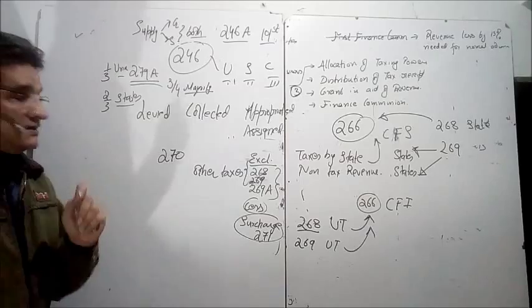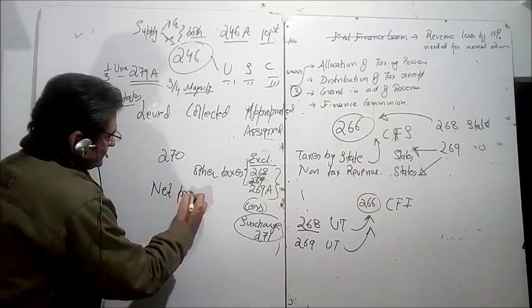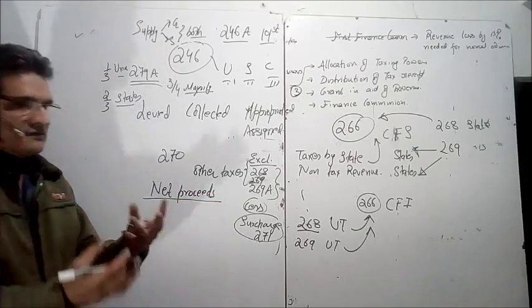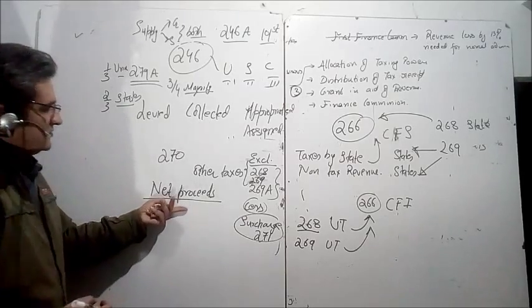What is shared? The net proceeds only. This is important because the tax returns minus the administrative expenses is your net proceeds.